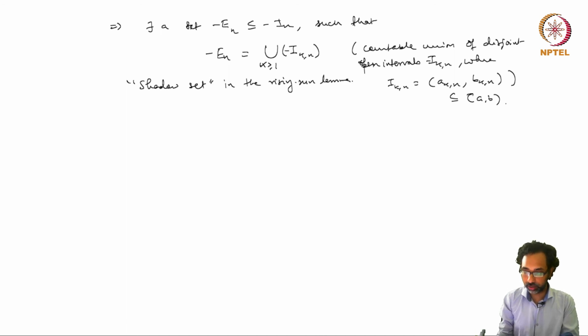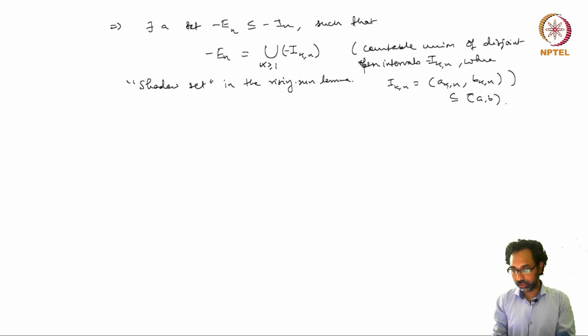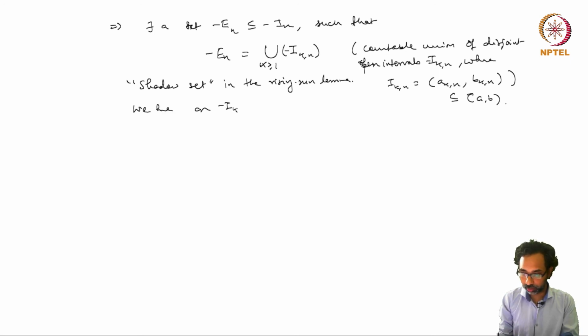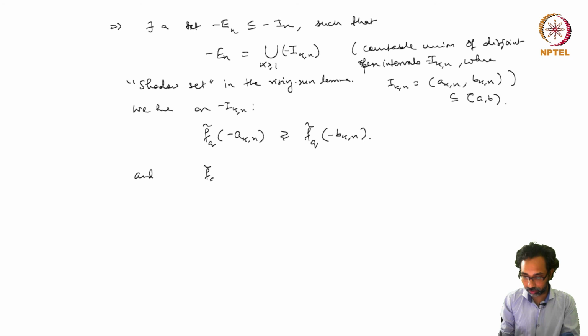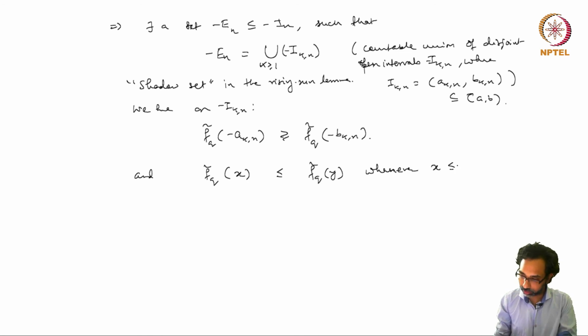where the sun rays don't hit, and whenever you have these I_kn's, we have on I_k minus I_kn f tilde q of minus a_kn is greater than or equal to f tilde q of minus b_kn, and f tilde q of x is less than or equal to f tilde q of y whenever x is less than or equal to y, and they both belong to minus I_n.